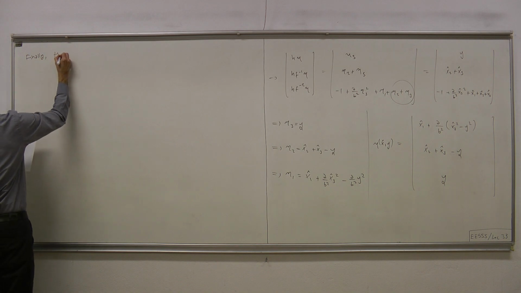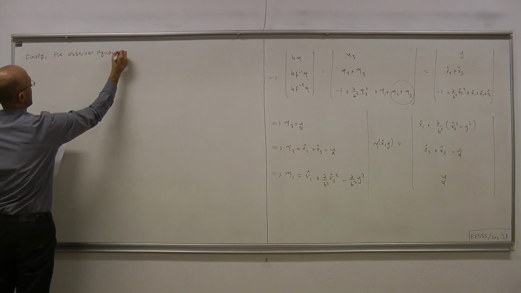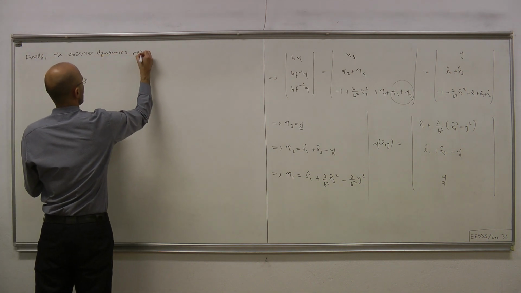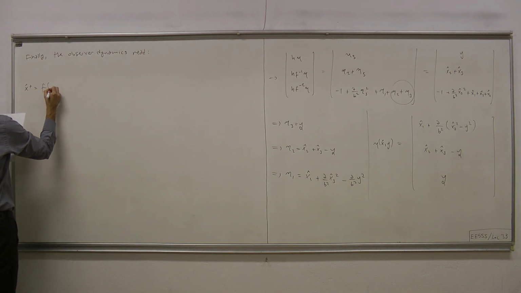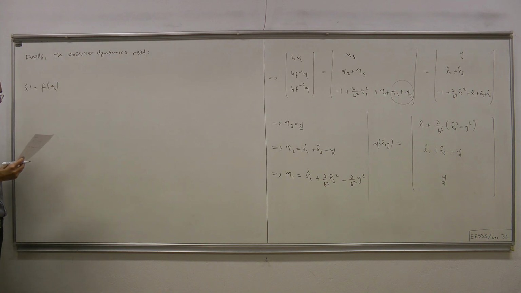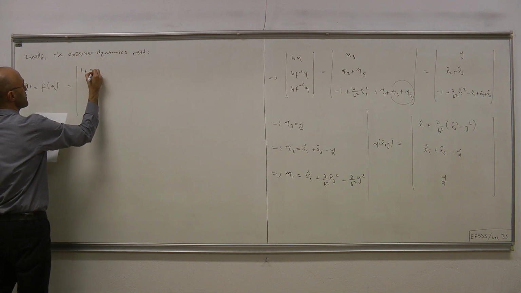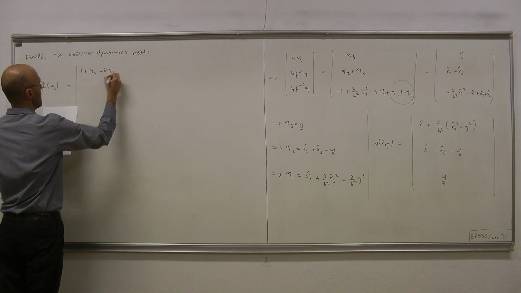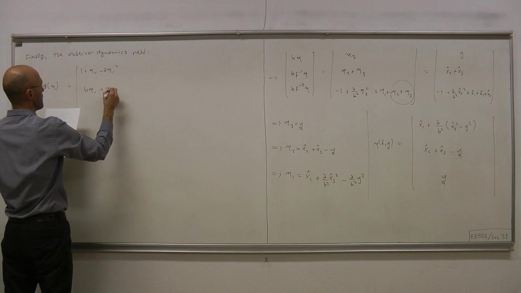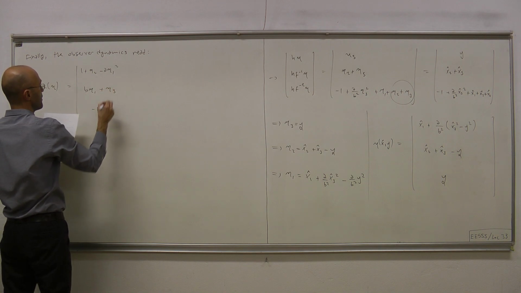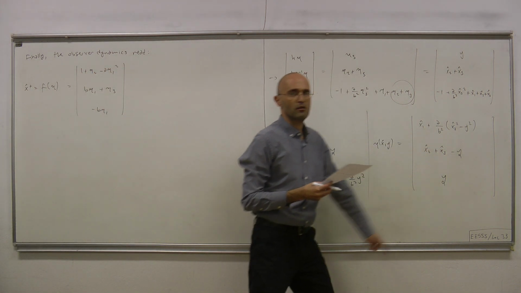Finally, the observer dynamics read: x hat at the next time instant equals f of eta, and f was 1 plus eta 2 minus a eta 1 squared, b eta 1 plus eta 3, and minus b eta 1, and etas are here, eta 1, eta 2, eta 3.